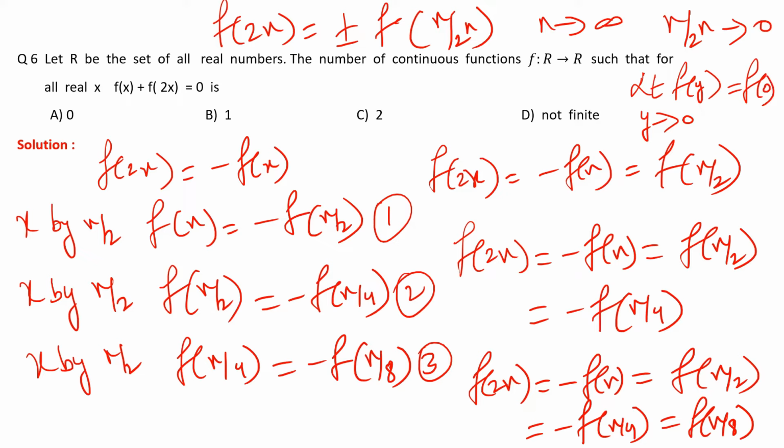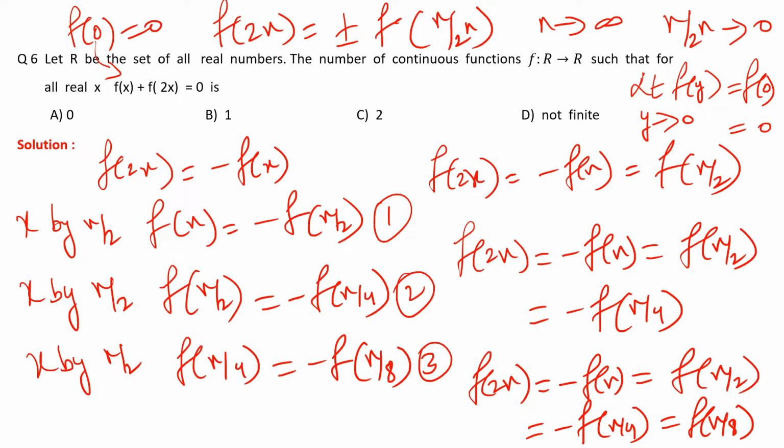And what is f of 0? Students, if you put x equal to 0 in this particular equation, you will be getting f of 0 plus f of 0 equal to 0. So that means f of 0 is nothing but 0. So we conclude that limit of f of y as y tends to 0 is equal to f of 0, which is further 0.